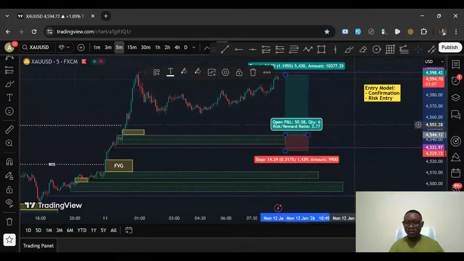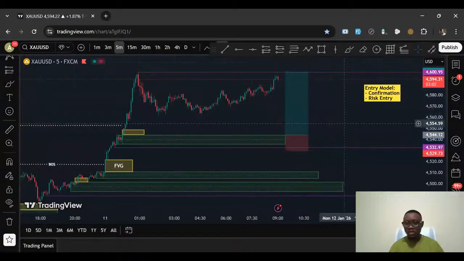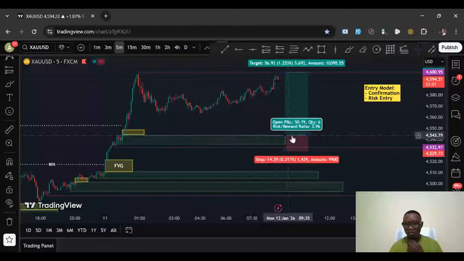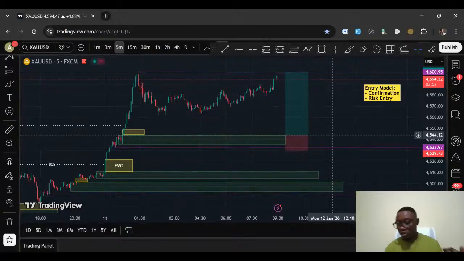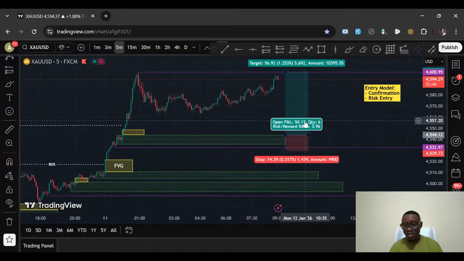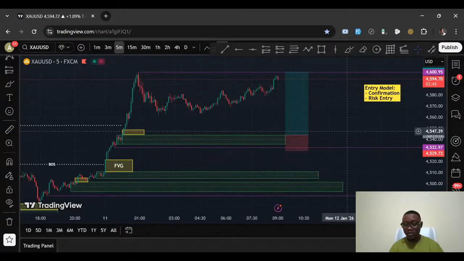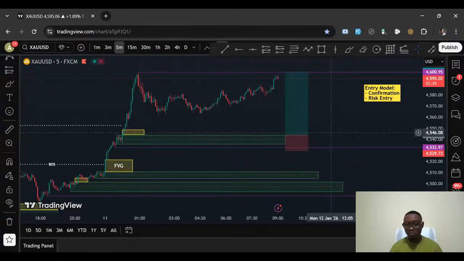Now, the moment price gets to your buy limit, the moment price gets to this price level, your buy limit order is triggered by your broker. Your broker triggers your buy limit, then your trade is executed, right? That is the risk entry. You just set a buy limit order at the zone, price taps into the order, and your trade executes.